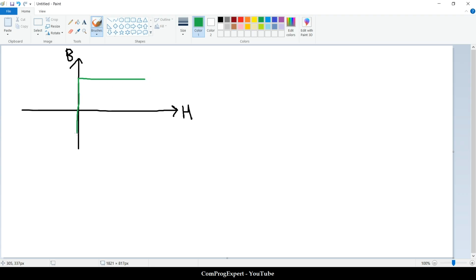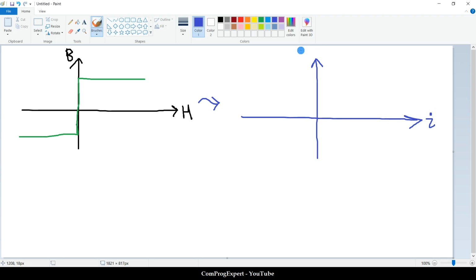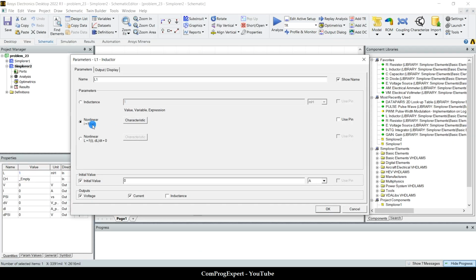We have this unsaturated core region and this is negative 1.5 Tesla. First, we should translate this to this for the inductor. This is inductor current and this is inductor flux linkage, lambda or psi, as denoted here.